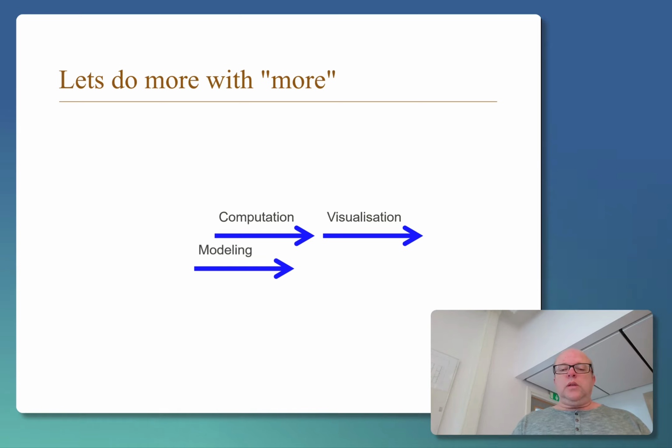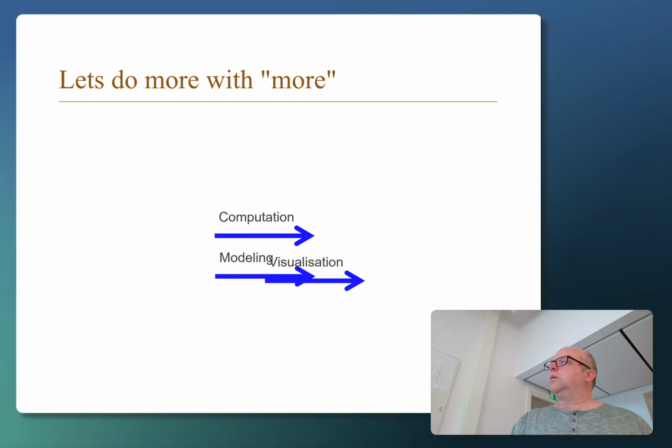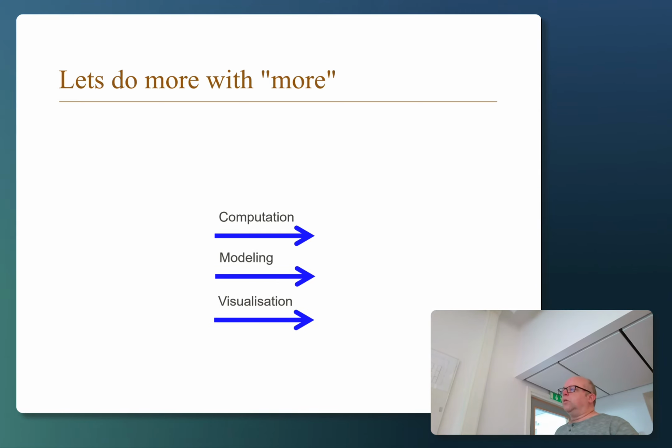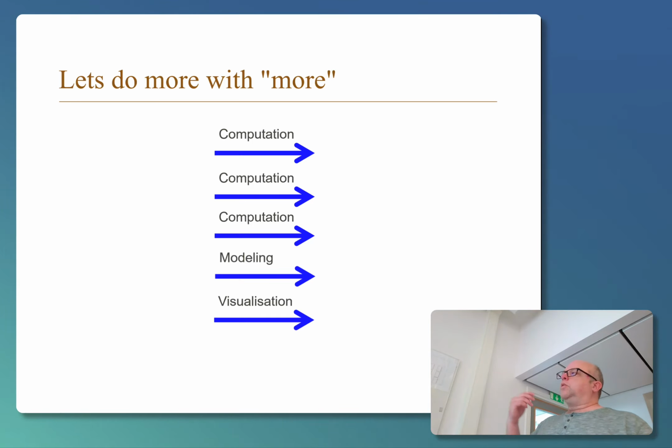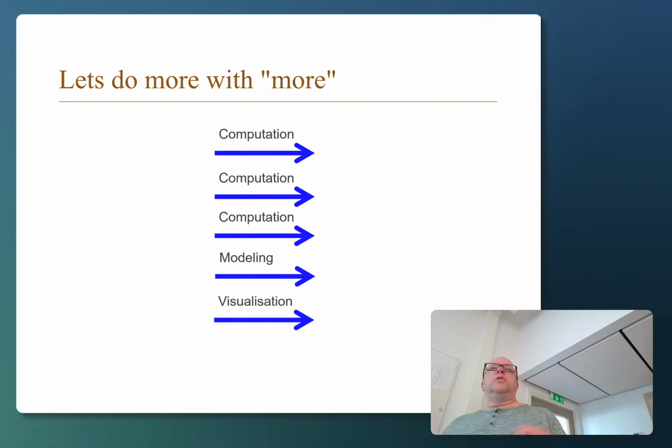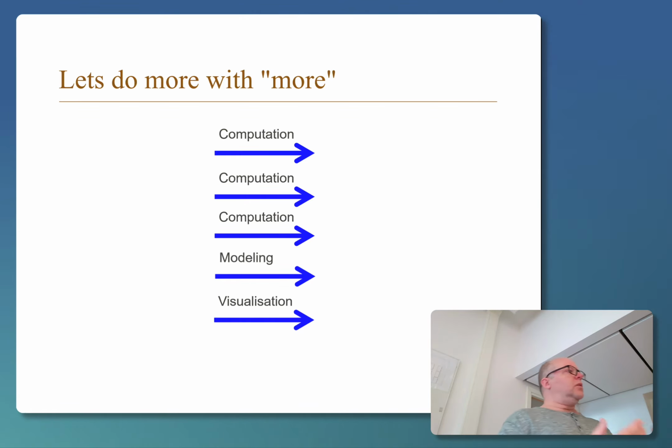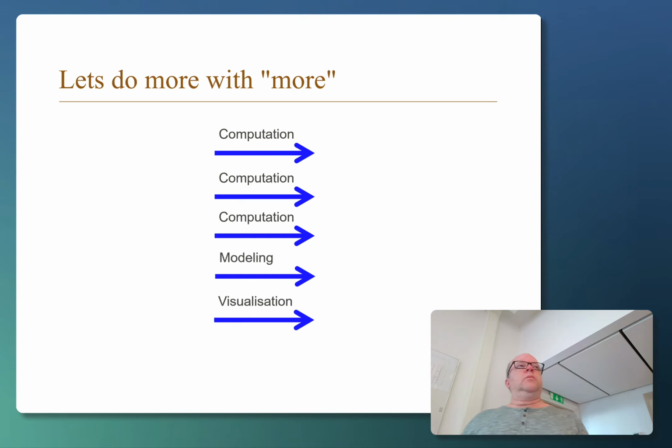One way of doing it is to stack them on top of each other, having discrete tasks instead. And computation, we have a lot of it. So why not do computation in the background all the time? If the model is not stable, we don't do a calculation, but as soon as the model is stable, we can do a computation.